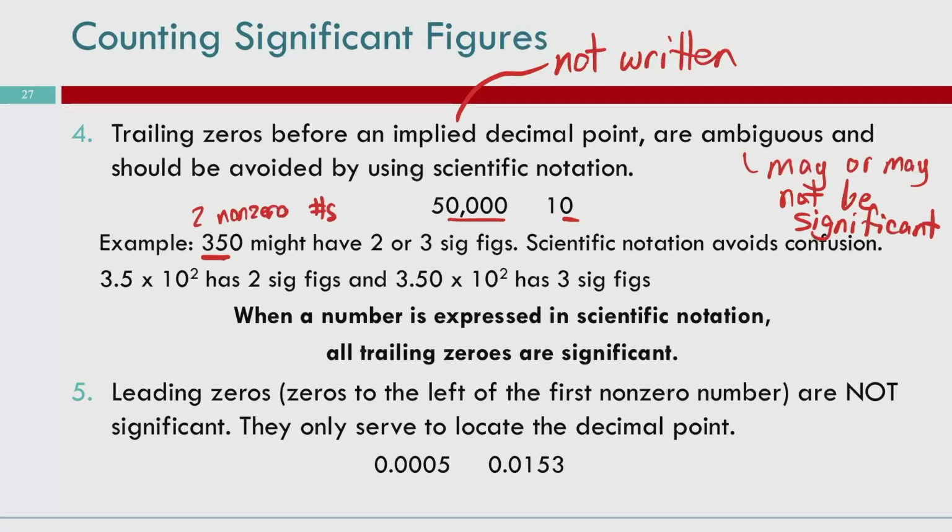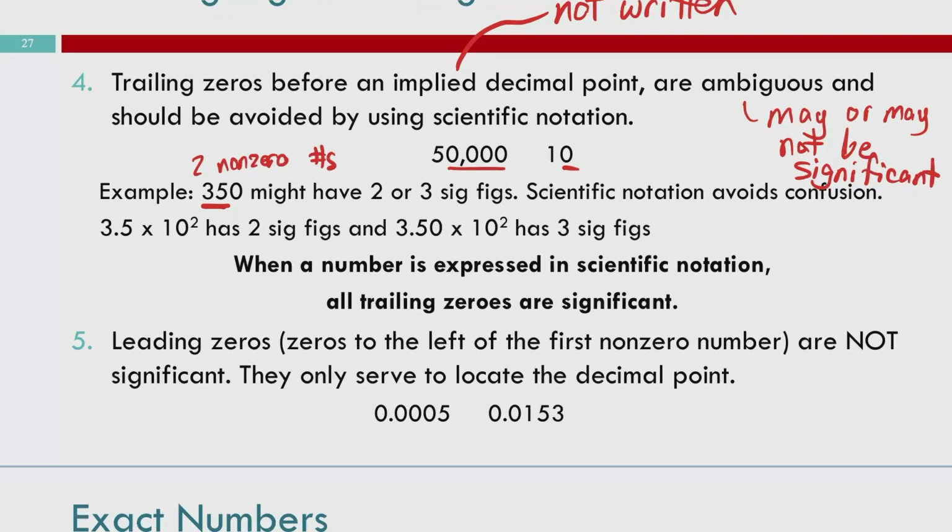Another case of zeros that may or may not be significant, in this case they're not, is leading zeros. If we've got zeros to the left, they are not significant. They're just showing us where the decimal point is. So if we wanted to, we could rewrite these in scientific notation, and hopefully you would write them like this.